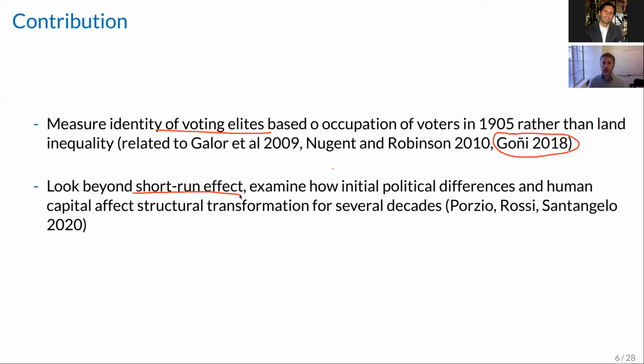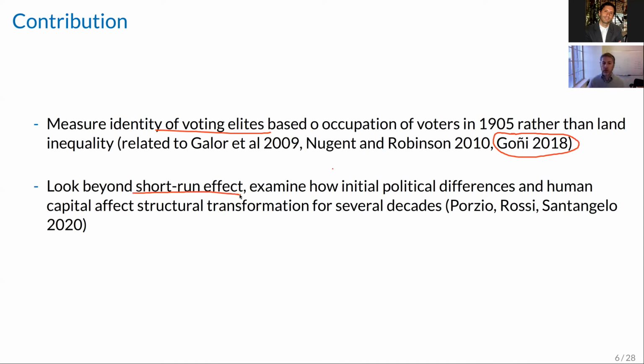When the Republic was established in Brazil, a new constitution came into place in 1891, and it took away this voting restriction based on income, but it kept the restriction based on literacy.